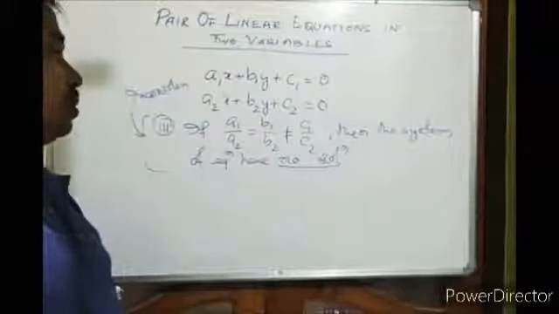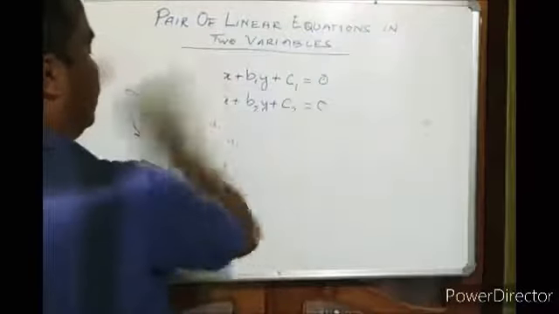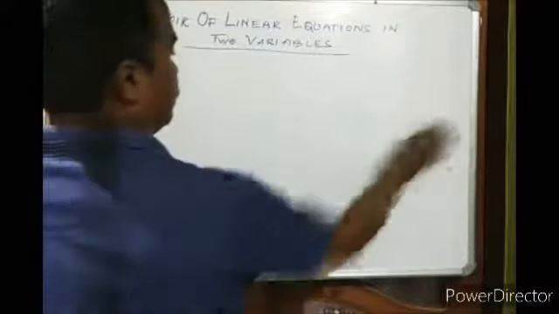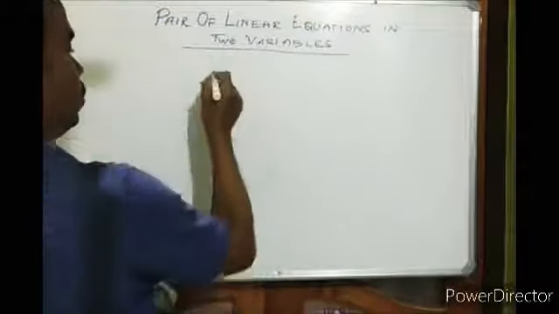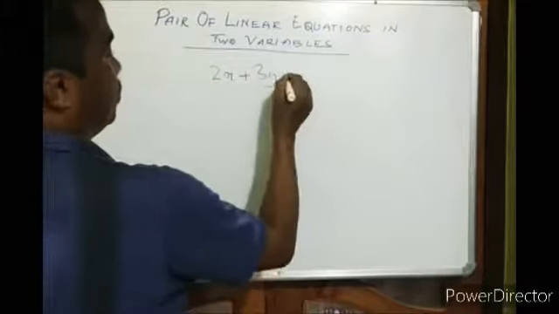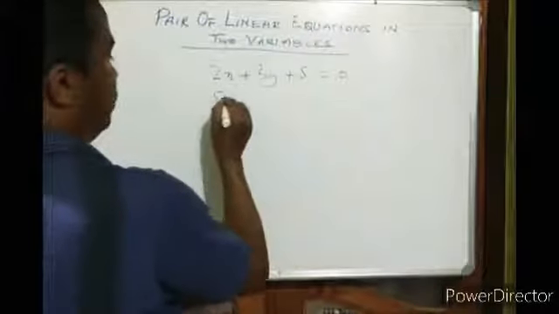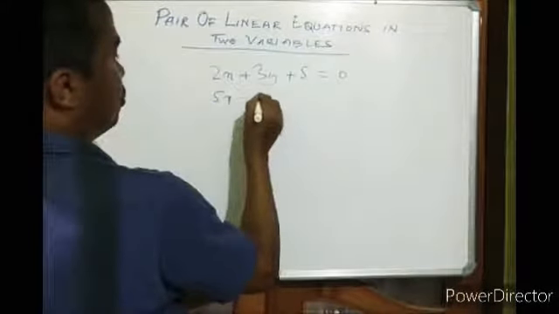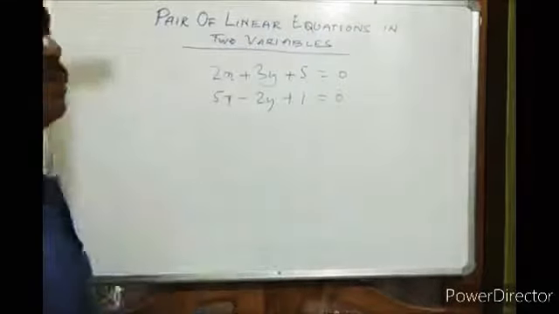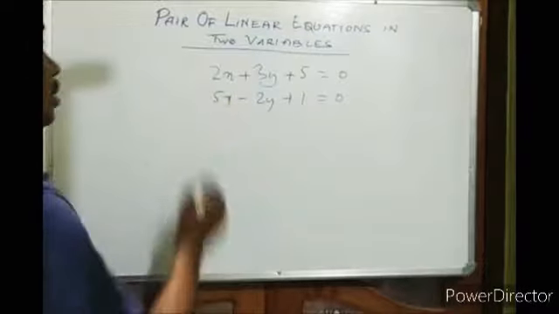So let us consider one example here. Twice x plus 3y plus 5 equal to 0 and 5x minus twice y plus 1 is equal to 0. Is this system of equations consistent or inconsistent?